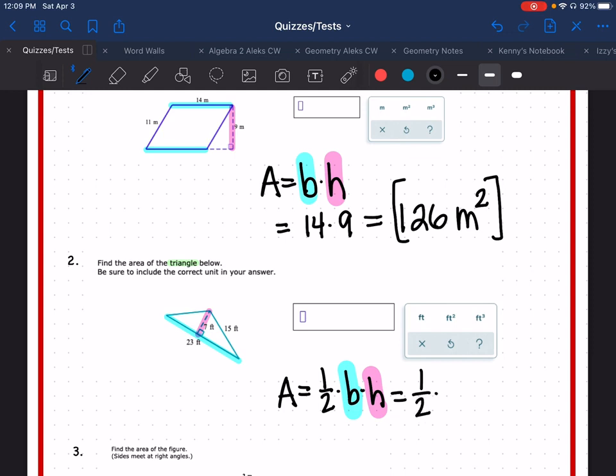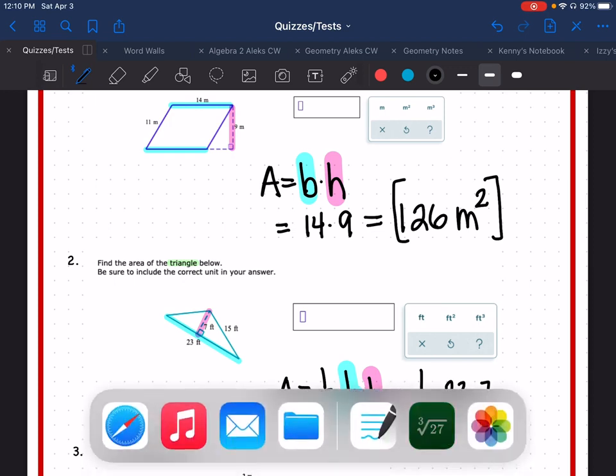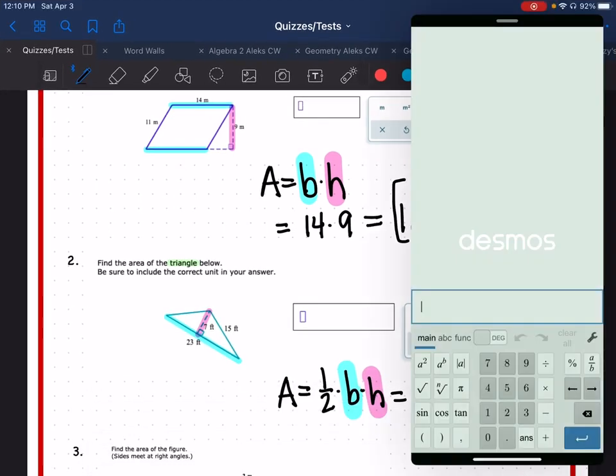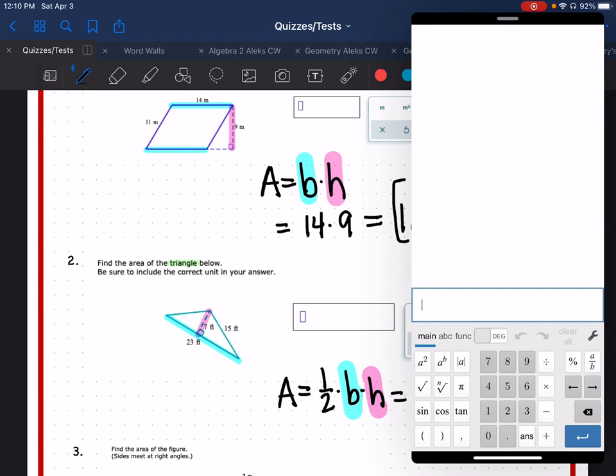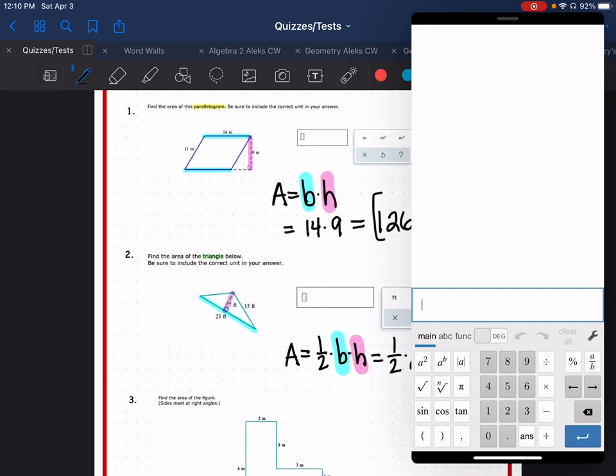1/2 times 23 times 7. And I'm just going to go ahead and put that in my calculator. Let me go ahead and show this to you guys. There we go. There's my Desmos calculator. Hold on a second.